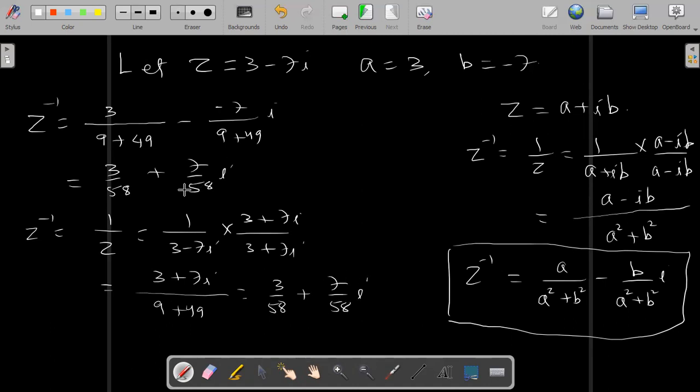The same thing we can find this way or that way. Now there are some other questions also, expressing in the form, find the values, that we will do.